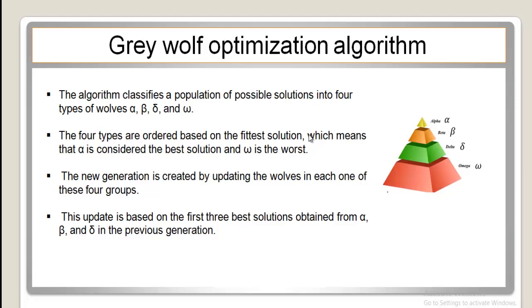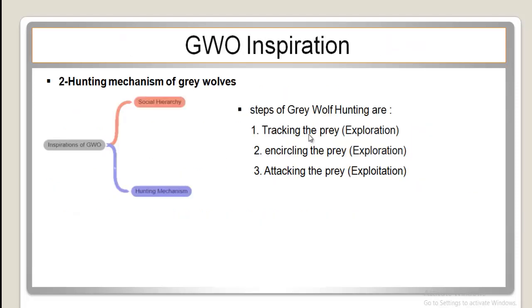For the inspiration of the gray wolf optimization, we have the hunting mechanism. In addition to the social hierarchy, the gray wolf optimization algorithm also draws inspiration from the hunting behavior observed in those animals.